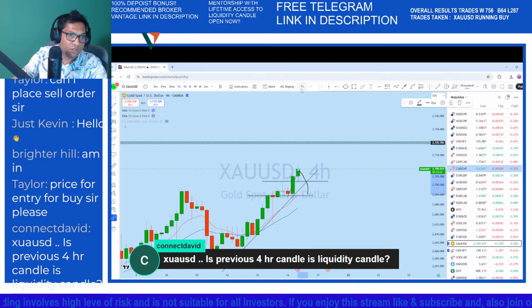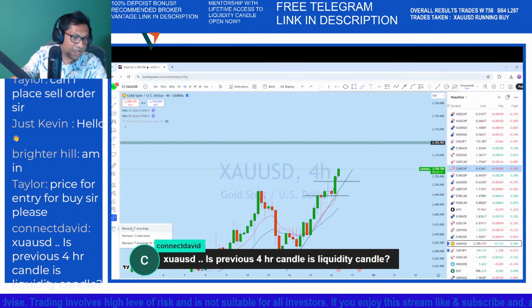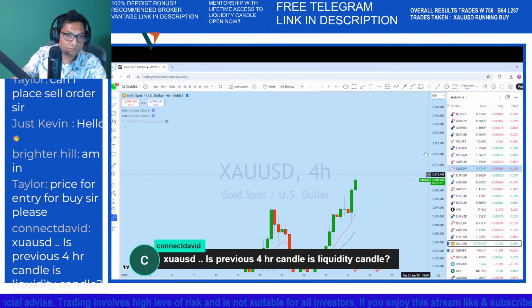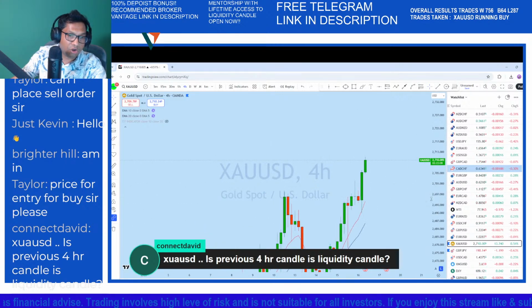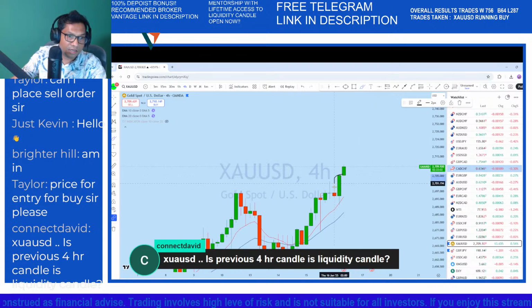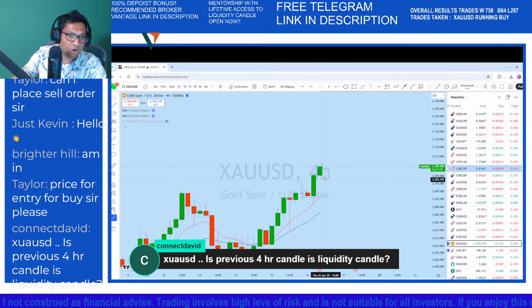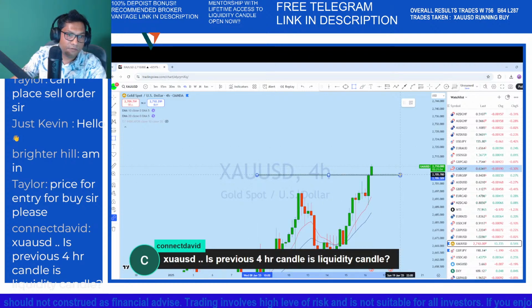We will be waiting for the price to come back here for another retest. You can see, let me delete this line to see how the price might be doing. Now you can see this is an important bullish engulfer here, a strong bullish engulfer, and if you look at it, this is a support here.